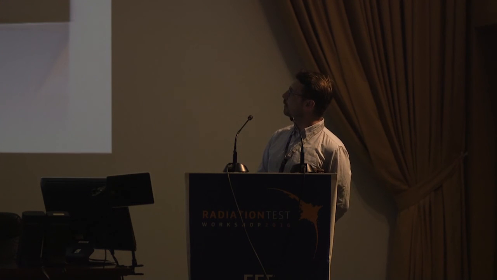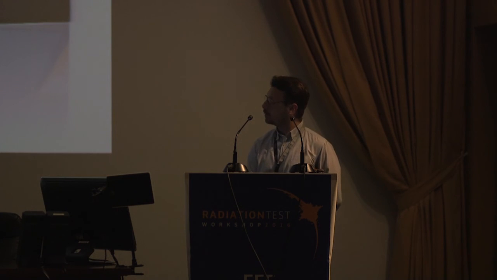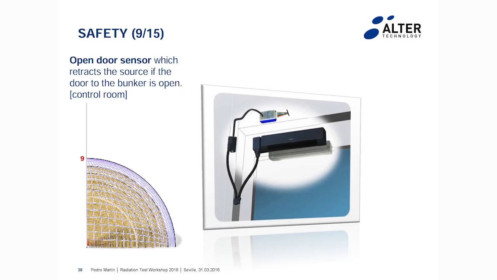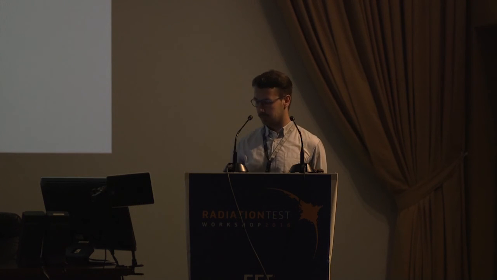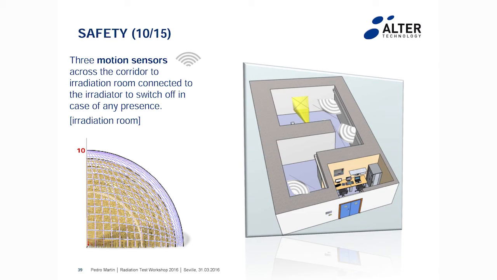If you don't see that and you try to enter, the system is connected to the area monitor in such a way that you cannot enter if the radiation is on. But anyway, if you can enter, pushing manually, the open door sensor will move the radiation source to the safe position.